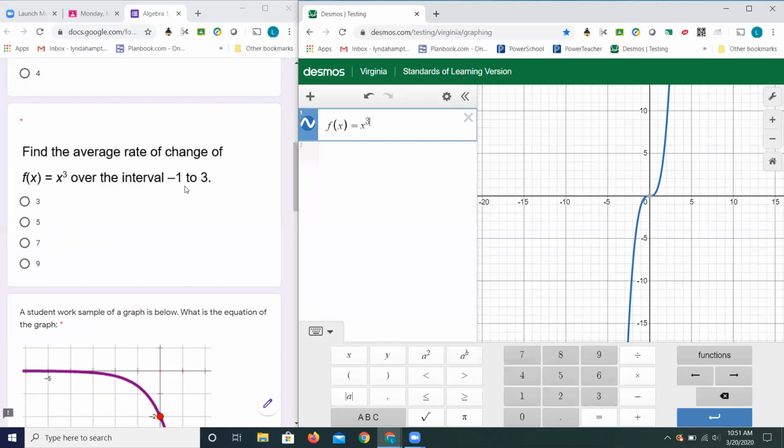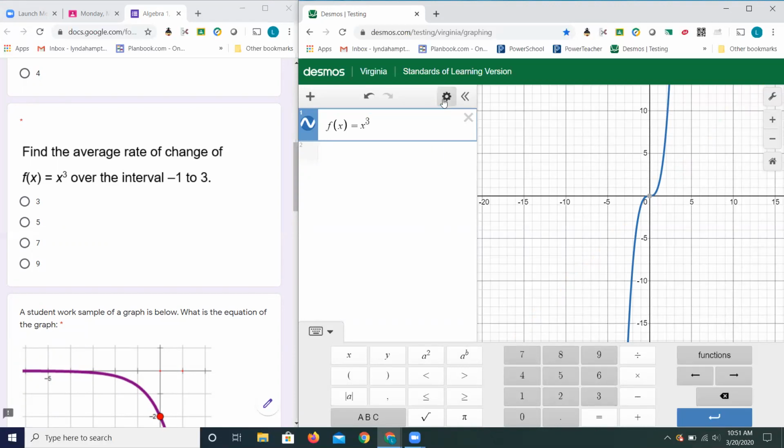Okay. We want to know the rate of change from the interval -1 to 3. The rate of change is the same as slope. So from -1 to 3, we want to know the slope of this graph.